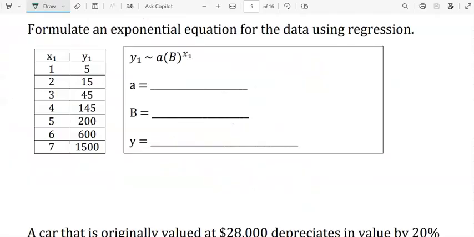Formulate an exponential equation for the data using regression. For these types of problems, you're given a table and you want to put this into Desmos.